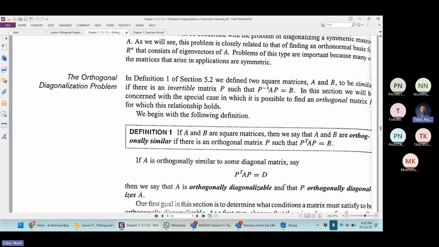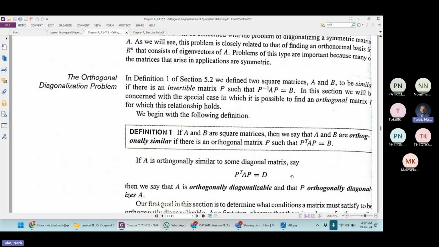From the previous lessons, you have noticed that in a diagonal matrix, the diagonal entries are eigenvalues. And P contains the eigenvectors in the same order as the eigenvalues in the diagonal entries. So in the same order we will also arrange the vectors.